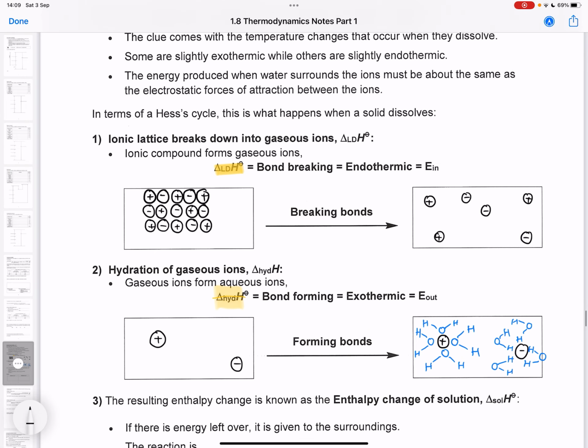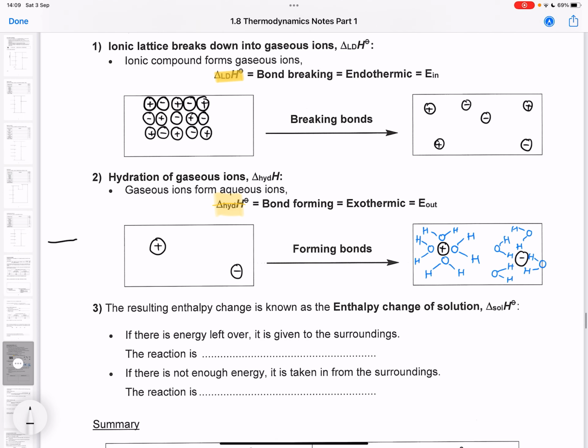Now if the energy we need to put in to break the lattice is smaller than the energy we get back in hydration, then we're going to get an exothermic change. So if you imagine we're putting in some amount of energy to break our solid lattice up, to make gaseous ions, and then we're getting some back.